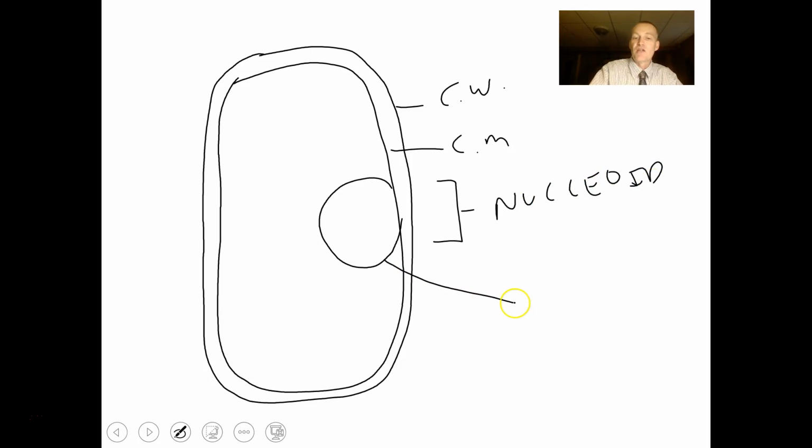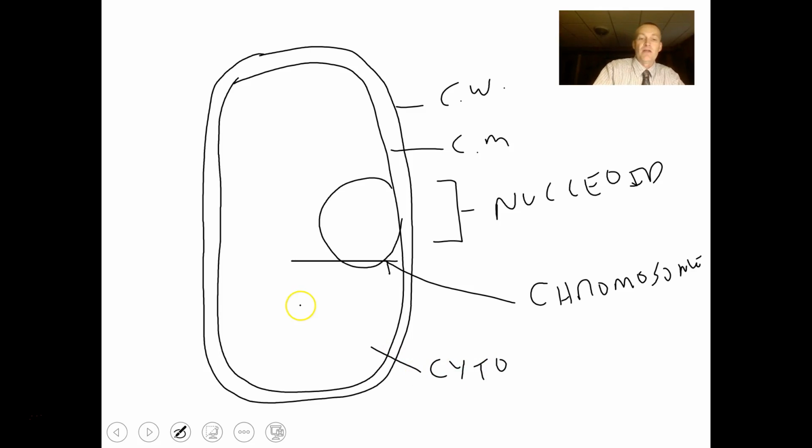This is a circular bacterial chromosome. You are probably familiar with cytoplasm, so that would be cytoplasm, and we'll put in a few ribosomes.